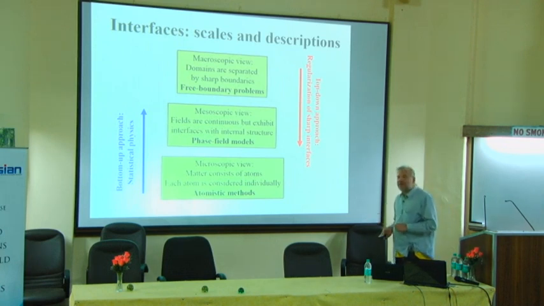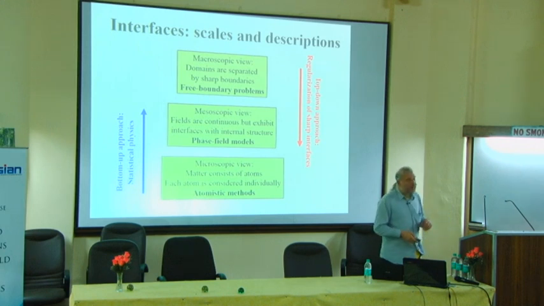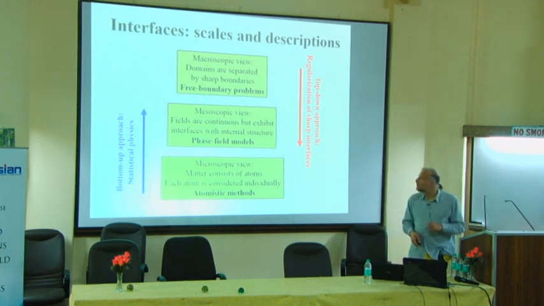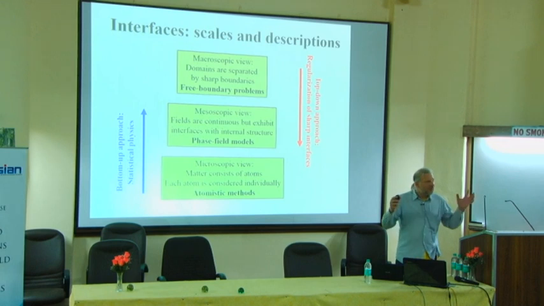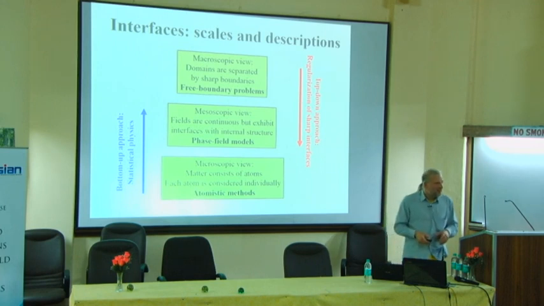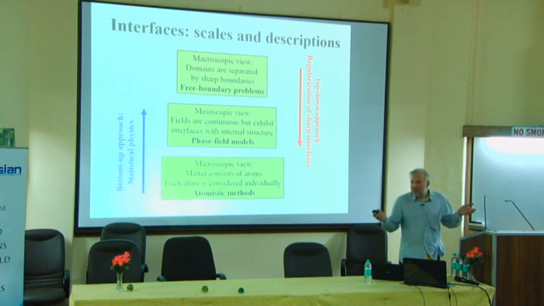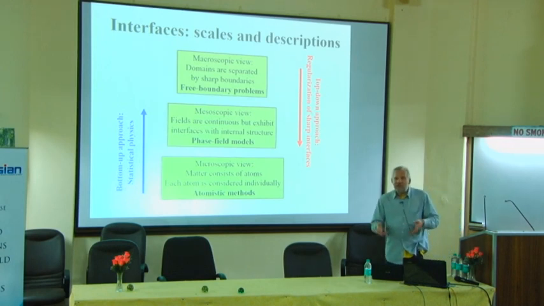Now, if you take the radically opposite approach, saying, well, okay, instead of looking at matter on the macroscopic scale, to look at it at the microscopic scale, then you know that matter is made of atoms. Okay? And so then you have to describe somehow the atomic structure of your interfaces.